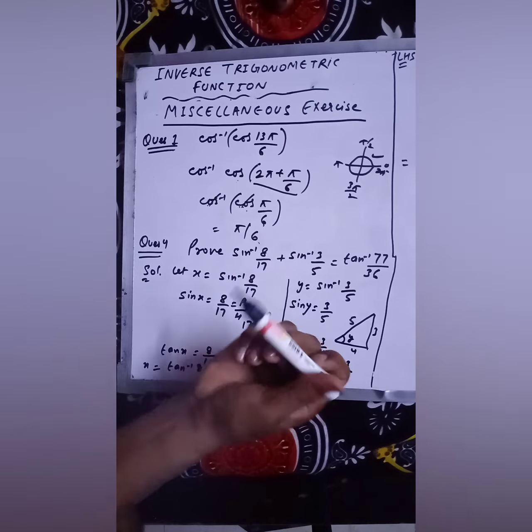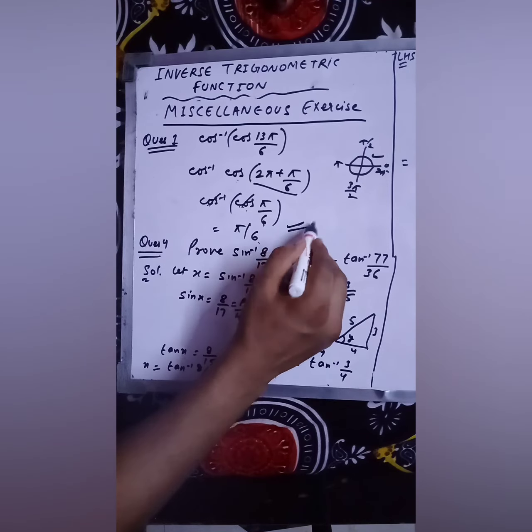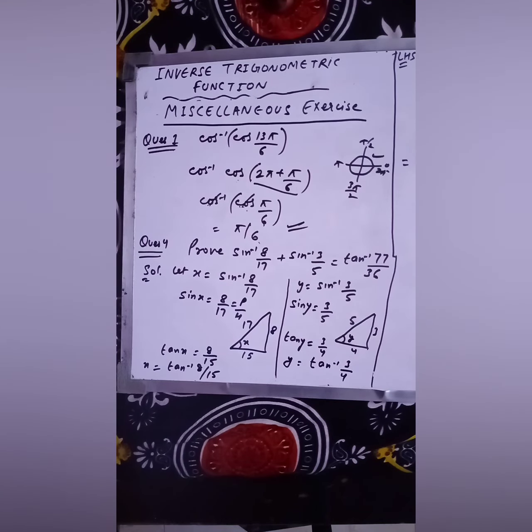So this is the required answer of question number 1. Question number 2 and question number 3 are the same: you have to check the range, and if it is not in the range, bring it into the range. Then you will solve question 2 and question 3 like question 1.